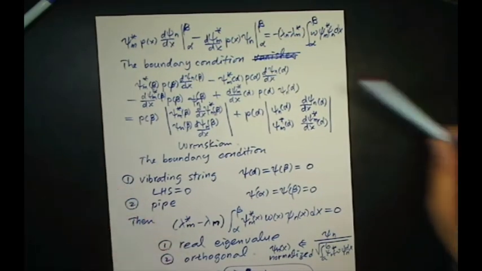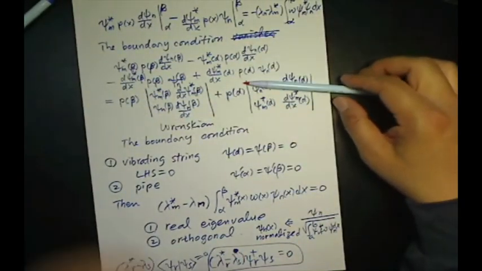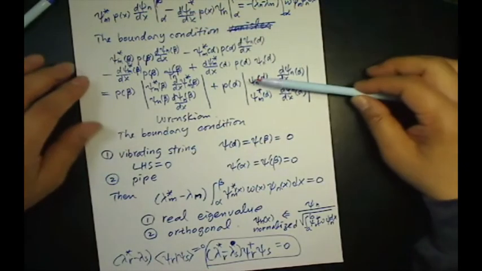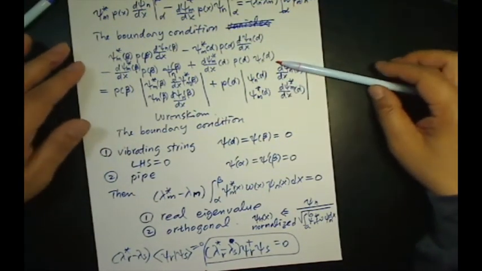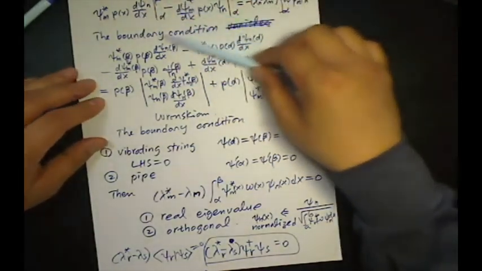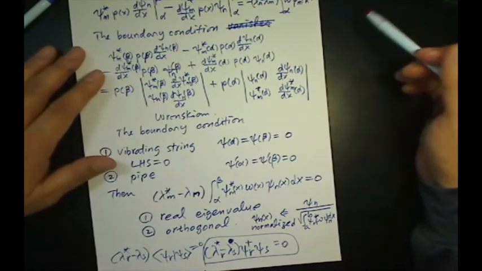Okay, therefore, this is an expression in terms of the Wronskian, and in general, we can prove that the left-hand side vanishes in a more general case. Anyway, in our case, we just simplify our analysis by considering the vibrating string case.